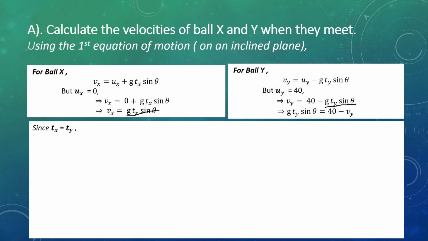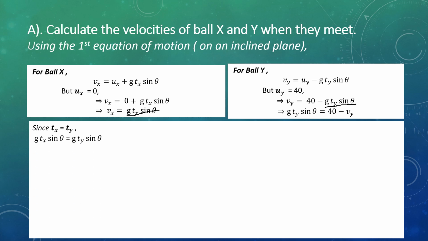Meaning the time ball Y took to get to point P will be the same as the time taken by ball X to get to point P. I hope it's clear. If we all take off at 10 a.m. and are supposed to meet at a place, and we meet at the same time, it means we traveled the same time. That's it, so related to the balls.